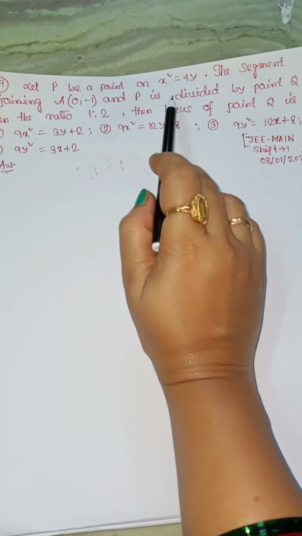Clear? Now suppose Q is the point, which I suppose is H comma K.